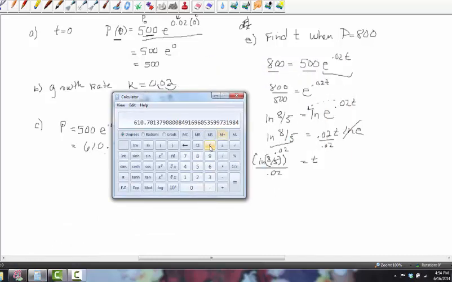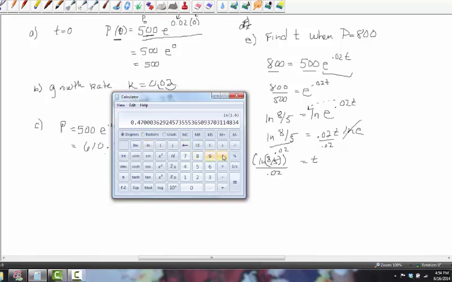Alright, I'm just going to use this one that's on the computer. So I have to do 8 divided by 5 and find that value. Then I hit natural log. If you're using a graphing calculator or a more updated calculator, you'll be able to enter natural log and then in parentheses 8/5. Again, you just have to play around with the calculator that you're going to use on the exam to see how it works. So that's the natural log of 1.6.